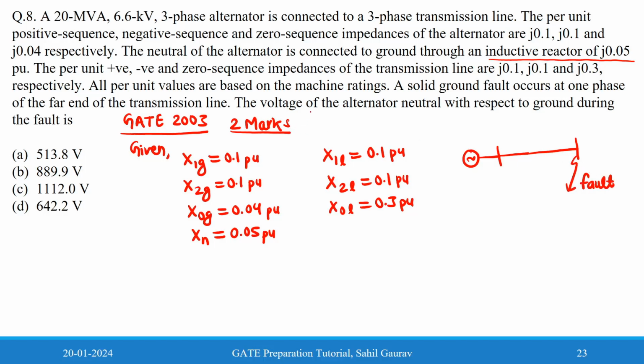Here you have to find the voltage of the alternator neutral with respect to ground during the fault. So first we have to find the fault current, because that fault current will flow through the neutral reactance of the alternator, and that will help in finding the neutral voltage with respect to the ground.